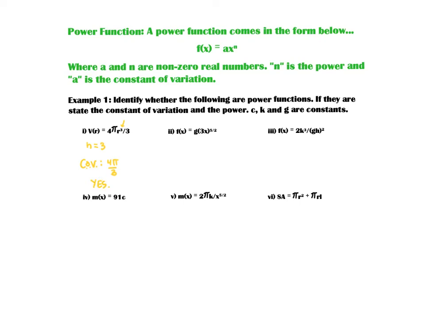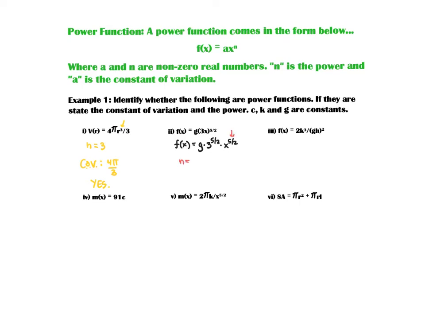In the second example, I'm going to expand this slightly using some rules of exponents. I would have g, which is a constant, times 3 to the 5 halves times x to the 5 halves, or I could say square root of x to the 5th. I'll put x to the 5 halves. So this number here, 5 halves, is our power.